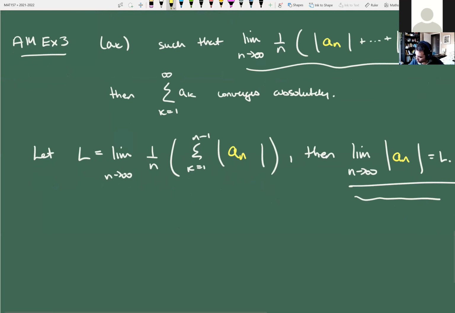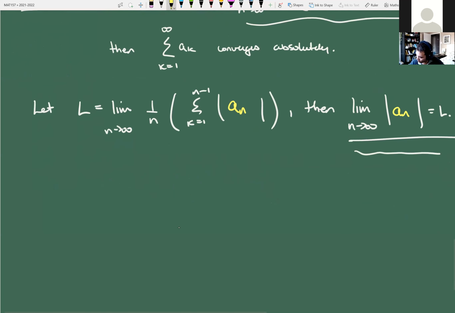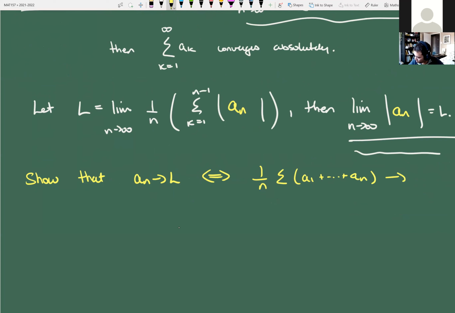So what you can do instead is show that a_n converges to L if and only if that converges to L. That would be a phenomenal exercise for you all to try.